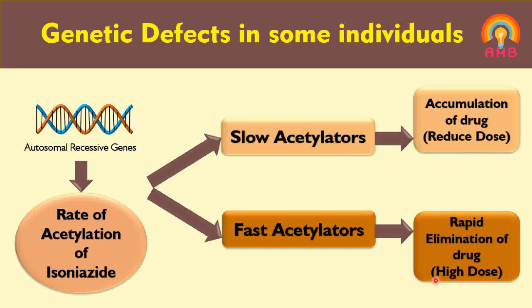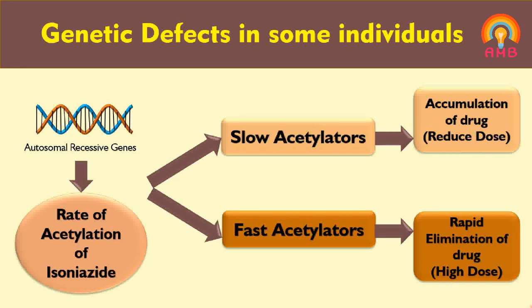To get the desired effect, or to achieve the desired concentration in fast acetylators, we have to give a higher dose of isoniazid. Otherwise we are not getting the action of isoniazid in fast acetylators. So in slow acetylators we have to reduce the dose of isoniazid, and in case of fast acetylators we have to increase the dose of isoniazid. So that is the variation in the genetics.